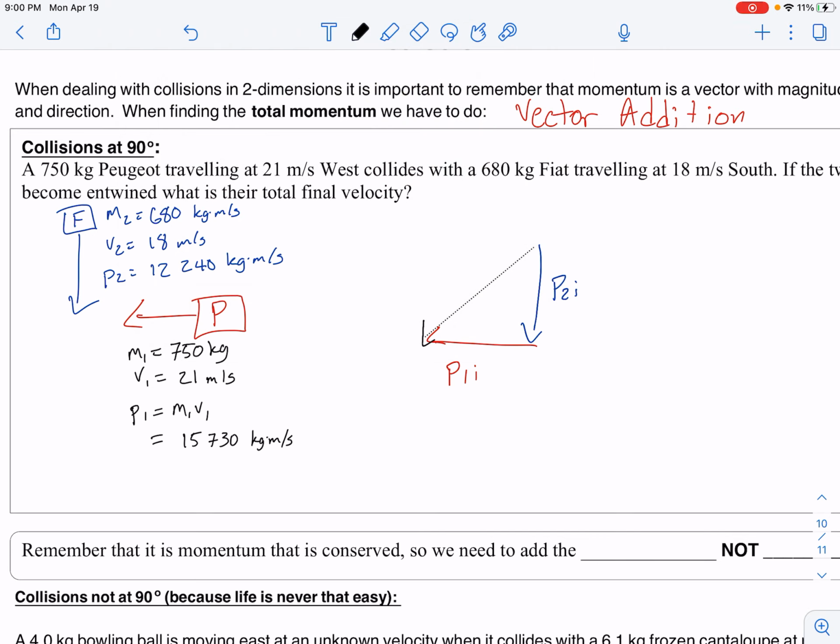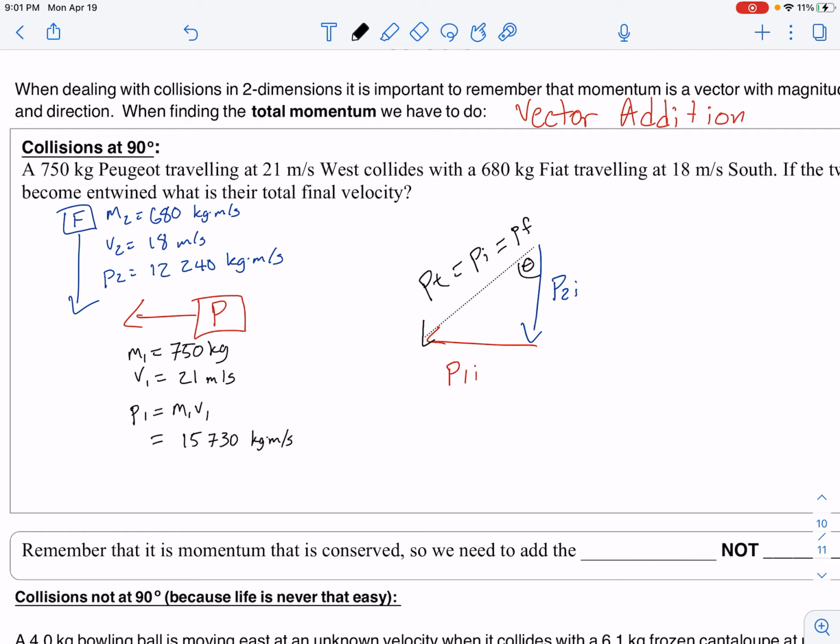And this is what we can consider the total momentum. And that's going to equal our total initial momentum, which is also going to equal our total final momentum.